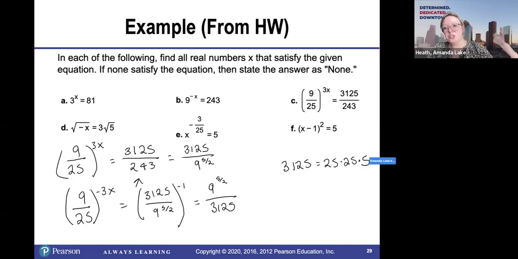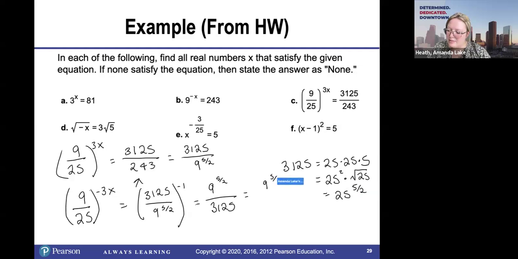Just like the 9 and 243 situation, I have 25 squared times the square root of 25, because 5 is the square root of 25. So that is 25^(5/2), which works out really nicely because now I have 9^(5/2) over 25^(5/2).